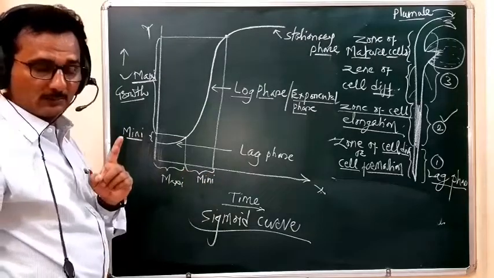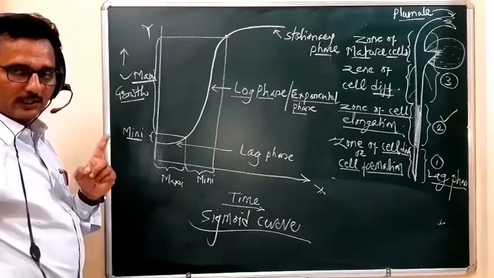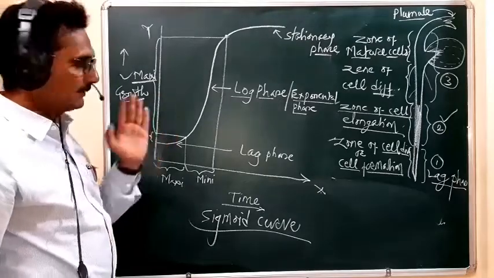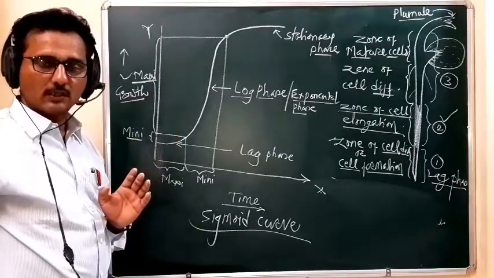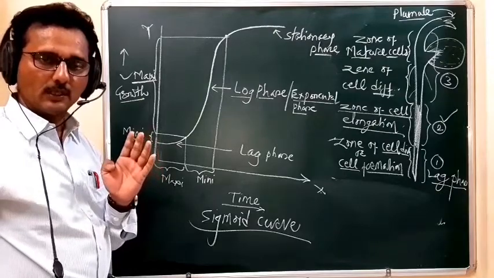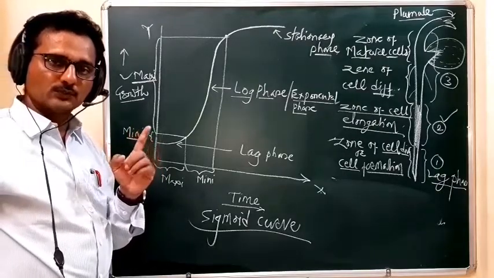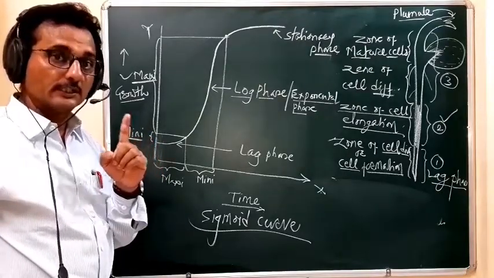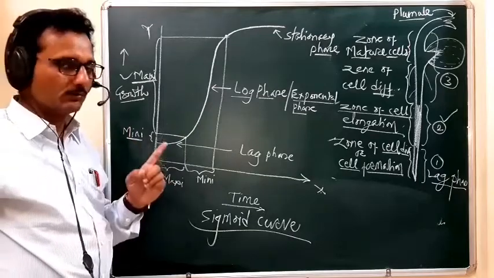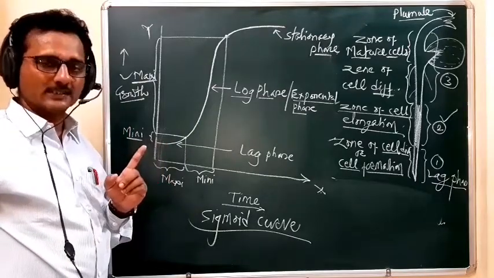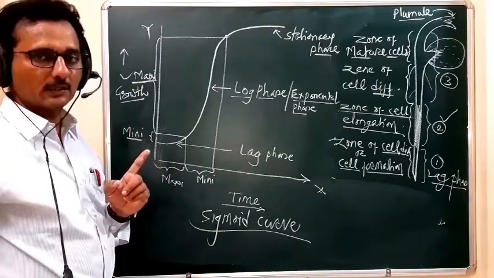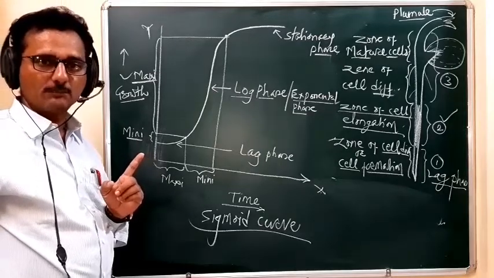So always remember, while representing this type of graph, you have to remember the growth with respect to the time requirement. Questions will be asked on this as far as your CET levels or NEET levels are concerned.